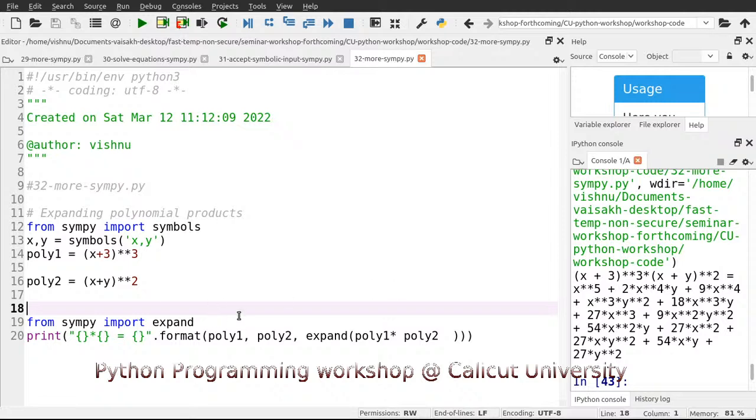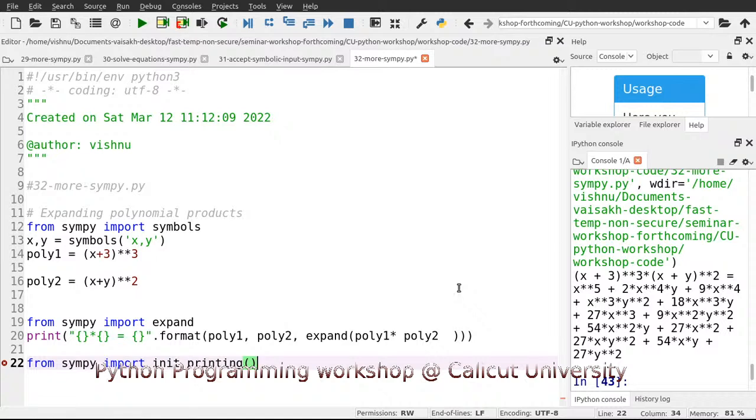Now there is actually one special function available in sympy. Let us see it in action, and after that I'll try to explain. This is a very old function. I don't know whether it's going to work this time in the latest versions of sympy. Let's try it anyway.